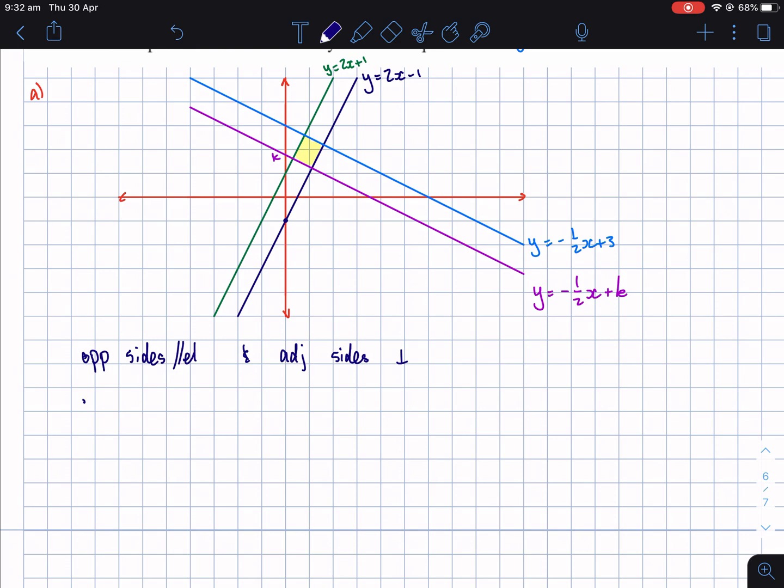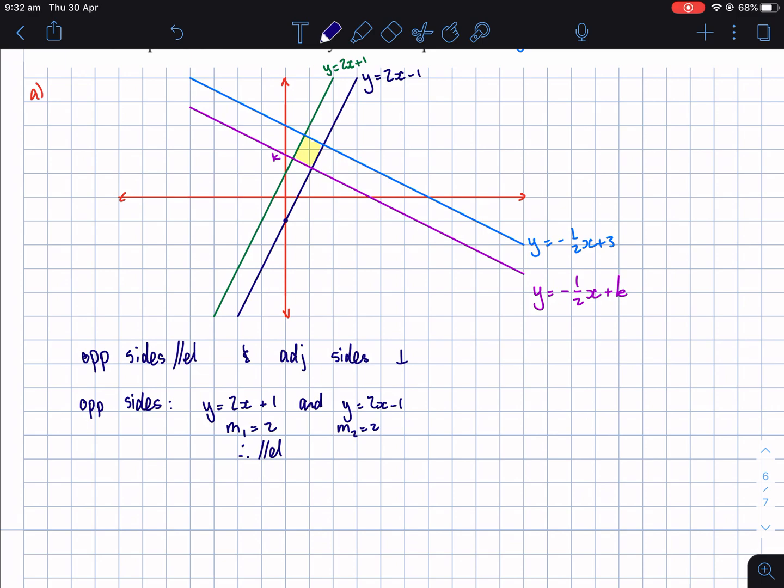The opposite sides, well, we've got y equals 2x plus 1 and y equals 2x take 1. So the gradient for the first one is 2, the gradient for the second one is 2, therefore they're parallel.